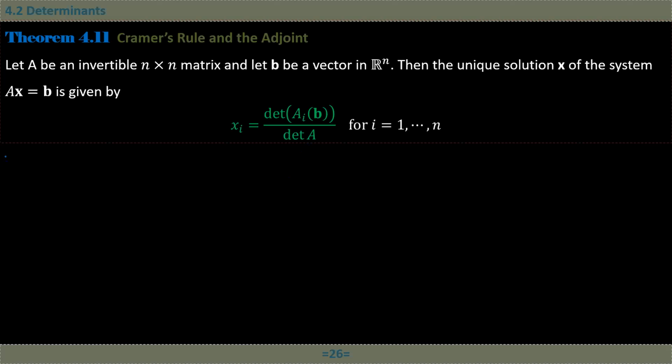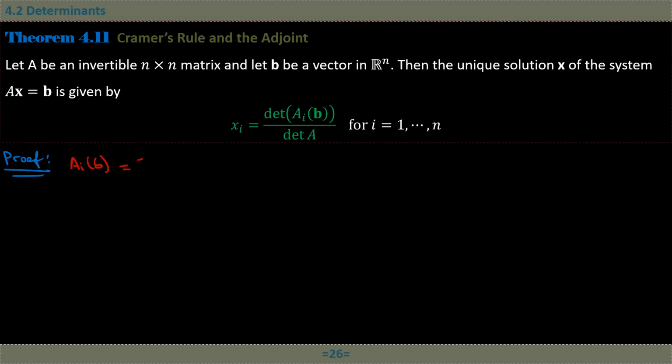To prove this, first we have to introduce some new notation. You may wonder what we mean by the determinant of A_i(B). Here B is a vector in n-dimensional space.